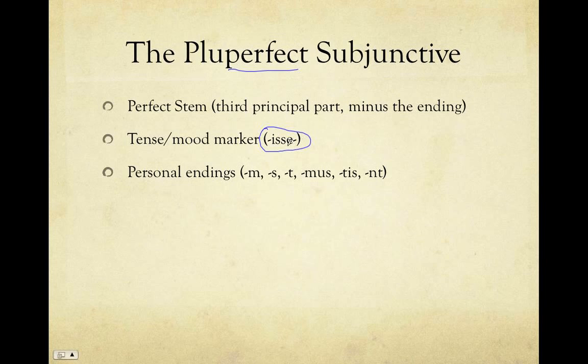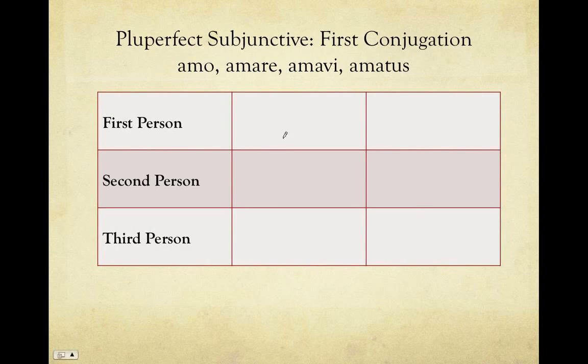If you already know your perfect infinitives, what you're going to be adding the personal endings to looks a lot like the perfect active infinitive. You can think about it however you like, but to break it down, it's the perfect stem plus isse plus the personal endings.